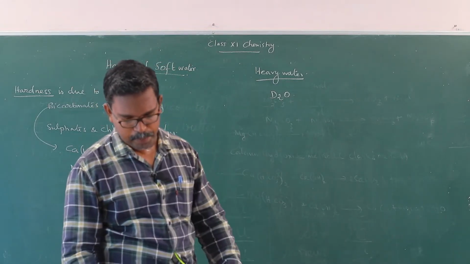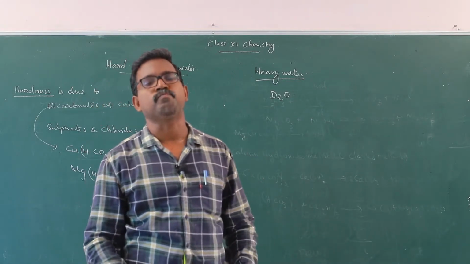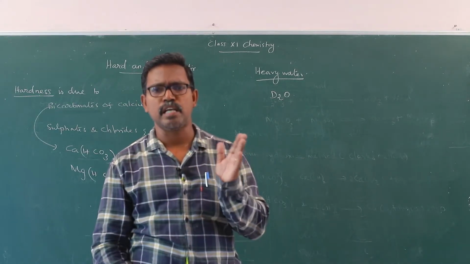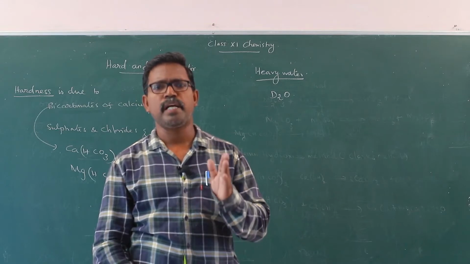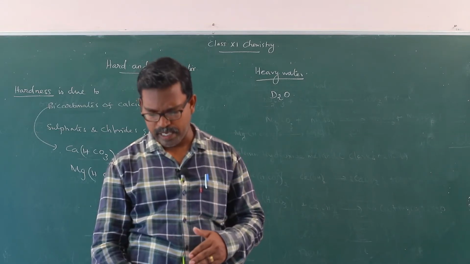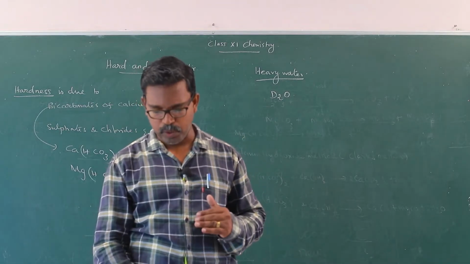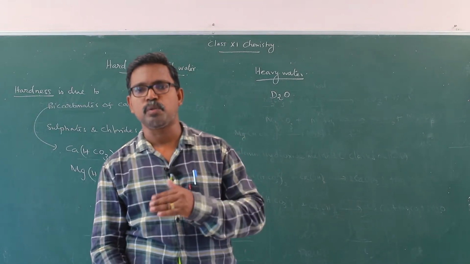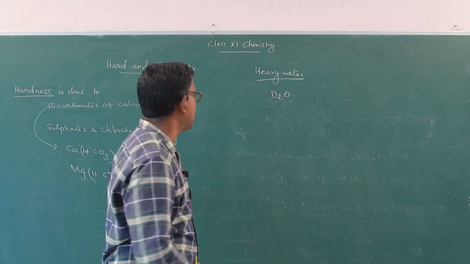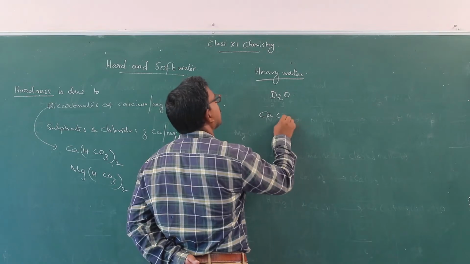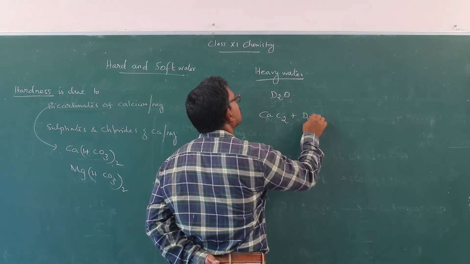This compound reacts with calcium carbide. Calcium carbide reacts with D2O, it gives calcium deuteroxide. See, listen, calcium carbide reacts with D2O.